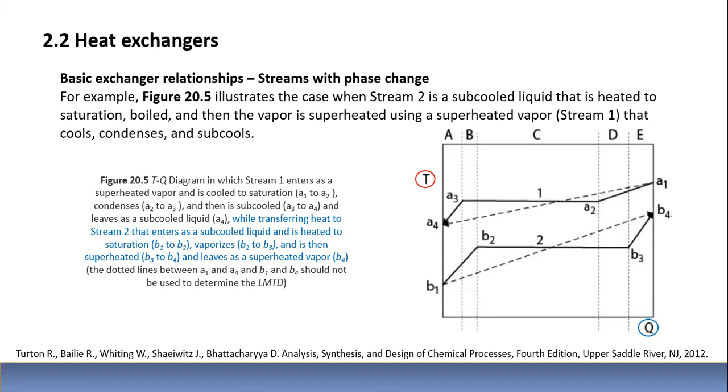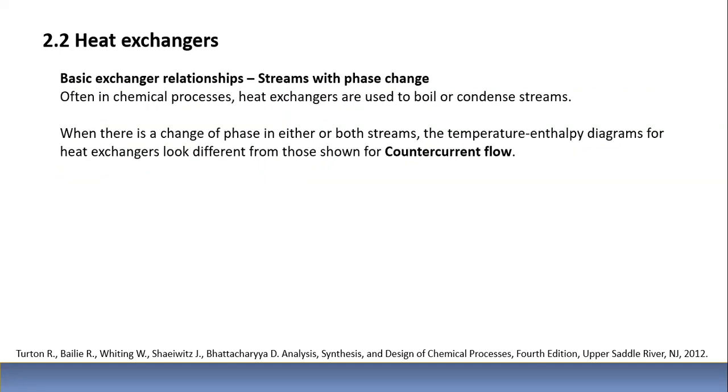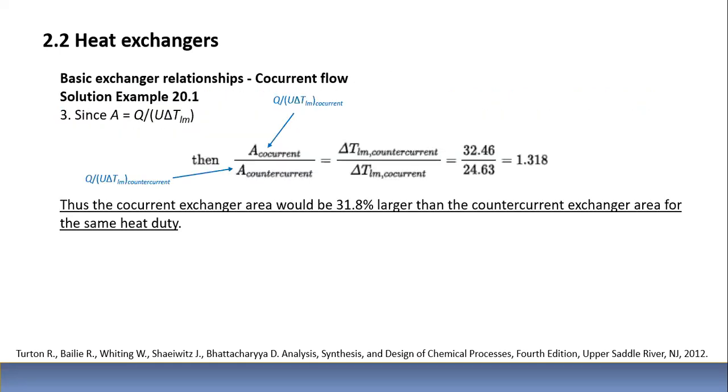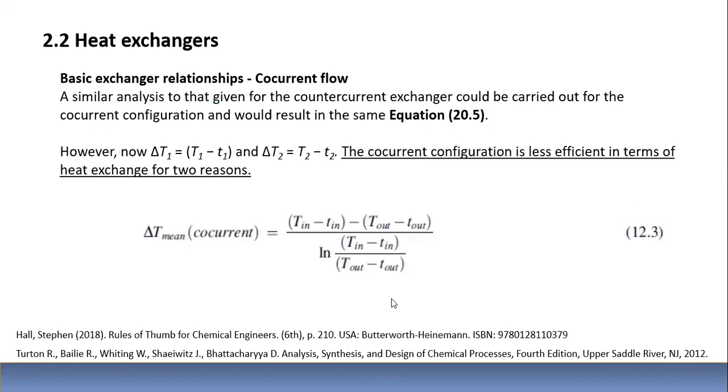Well, equation 20.5 would be equivalent to this equation, as I see it, from Stephen Hall. Perhaps I should have changed this to 12.3, and we're using Stephen Hall's equation for the delta T logarithmic mean of the concurrent configuration.